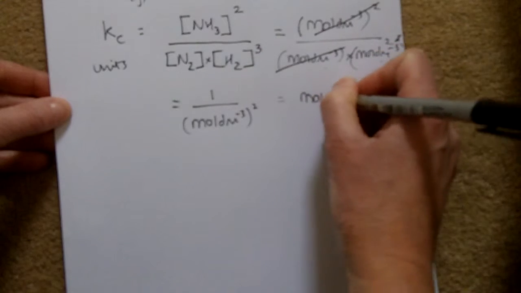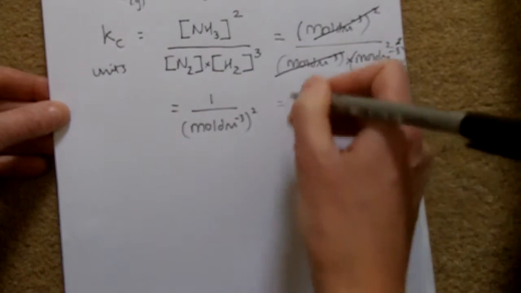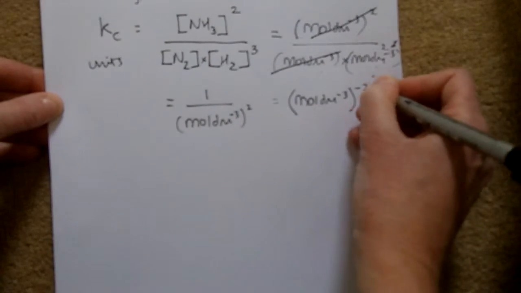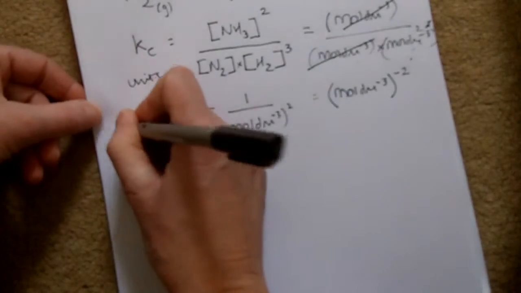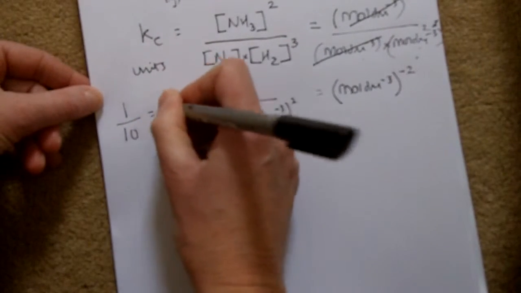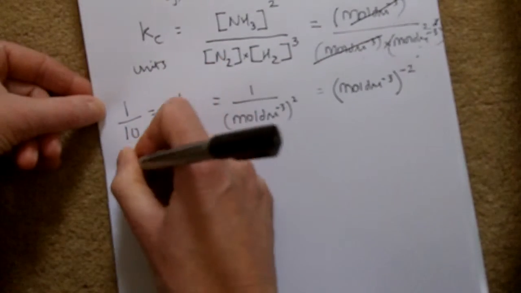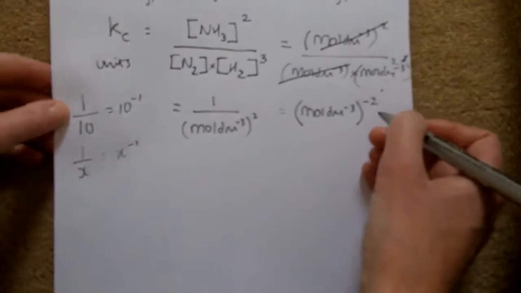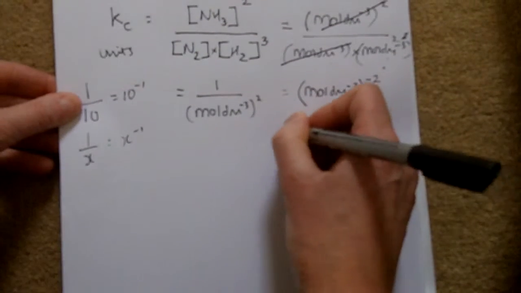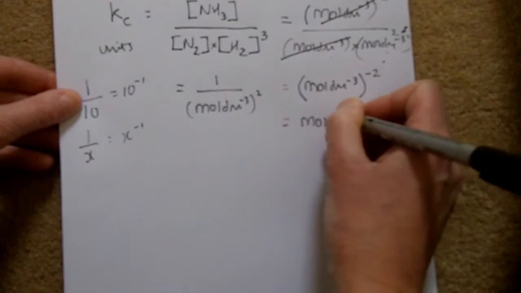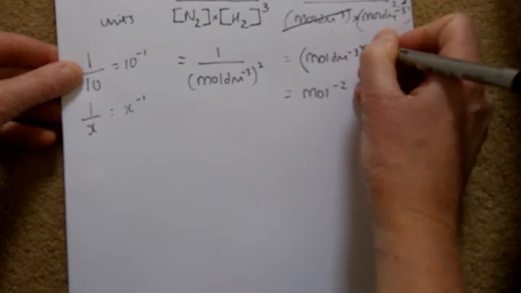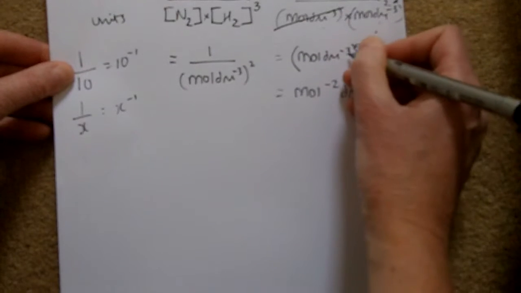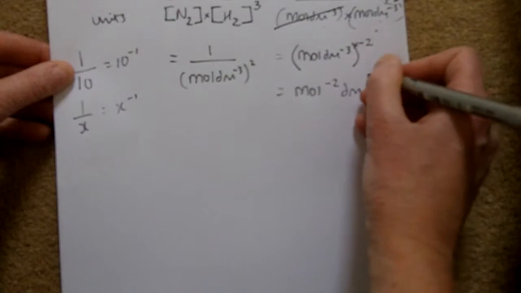Concentration is moles per decimeter cubed, and when we take it up to the top line, the squared becomes -2. It's a bit like 1 over x is x to the -1. Then you bring the -2 into the bracket, so it'll be mole -2, and then dm -3 times -2 is 6.